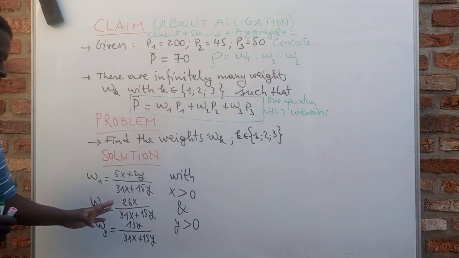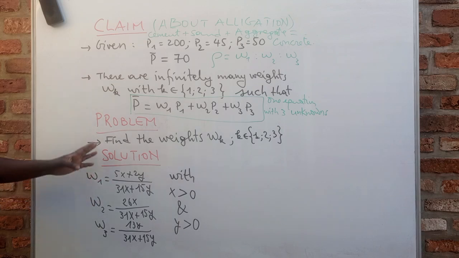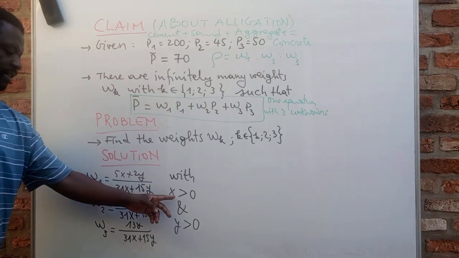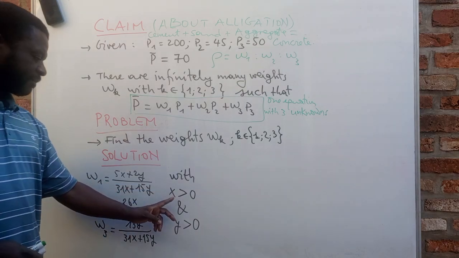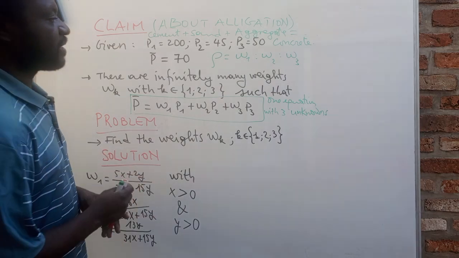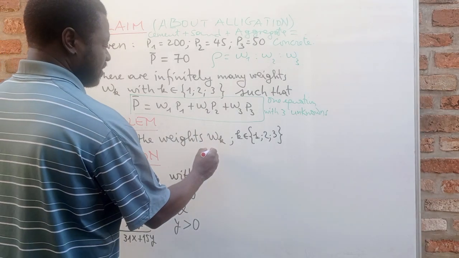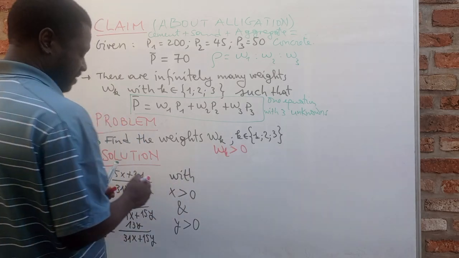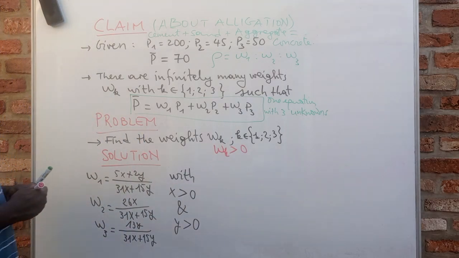Now we have many solutions, omega 1, omega 2, omega 3, with some parameters which are positive in order to avoid negative weights, because these weights are usually positive or equal to 0 if we want, but mostly greater than 0.